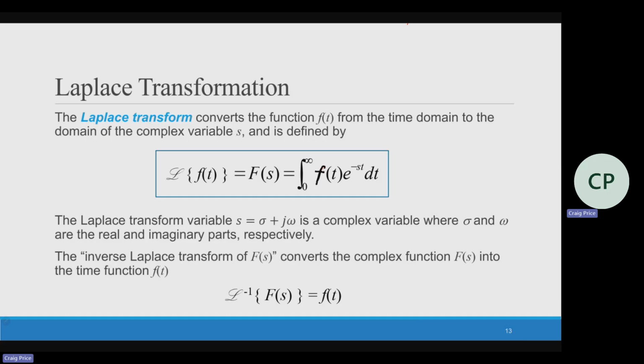Obviously, s is a complex variable. It can have real and imaginary parts. What are some other names of s that we've been using when it comes to transfer functions?